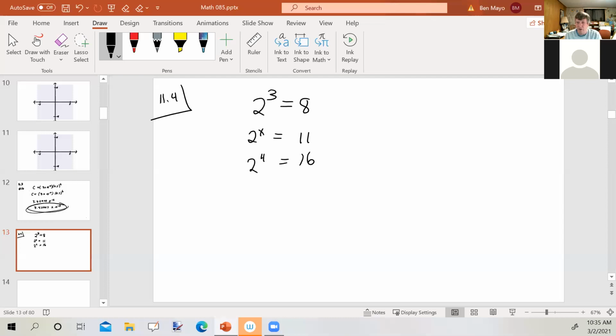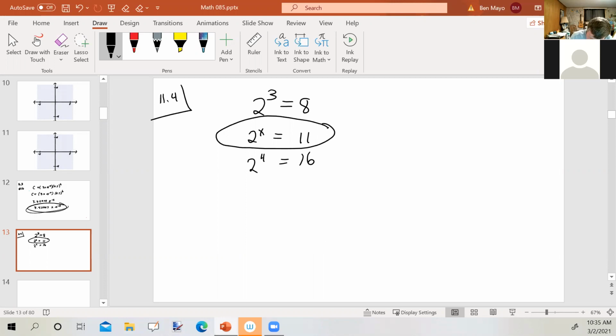But that could take an awfully long time. So what we want to look at is how we can take an equation where the unknown variable is in the exponent and solve that equation for that unknown variable. And what we're going to be using is something called logarithms.